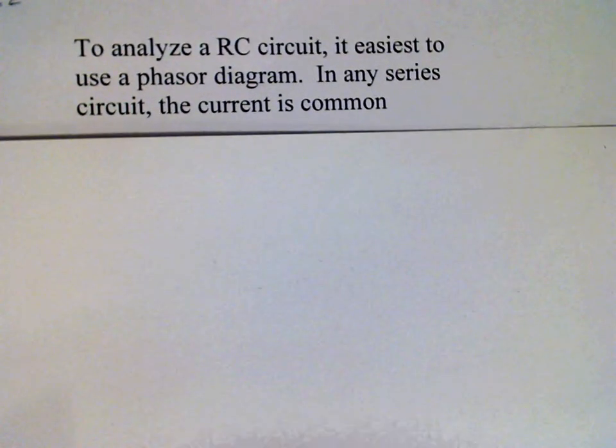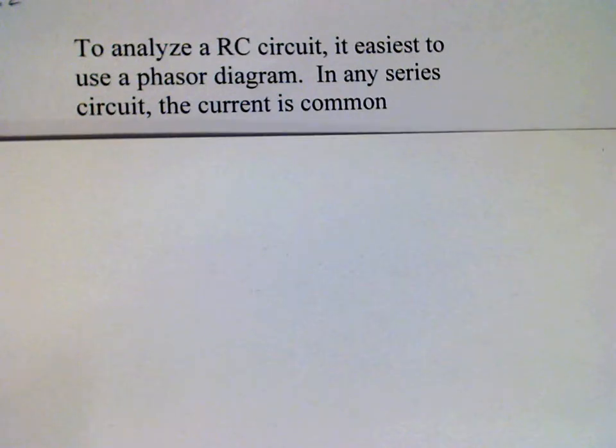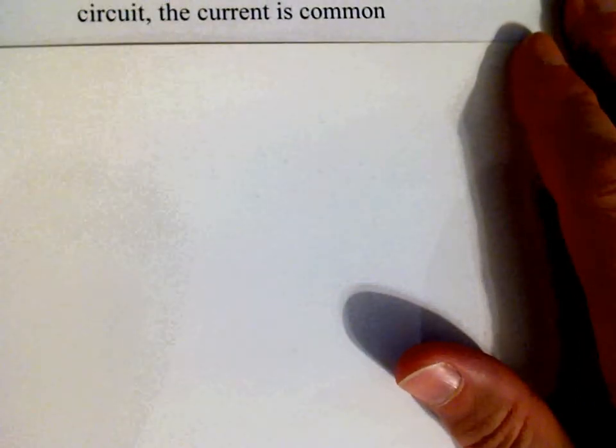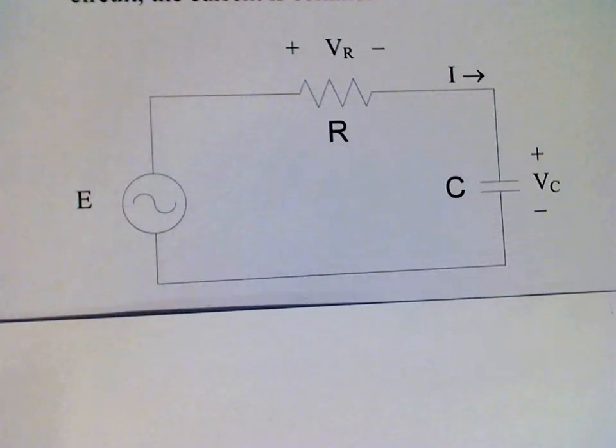Now, if we want to analyze an RC circuit, meaning a circuit containing a resistor and a capacitor, it turns out that the easiest way is to use a phasor diagram. As you know, in any series circuit, the current is common. So here's our diagram now.